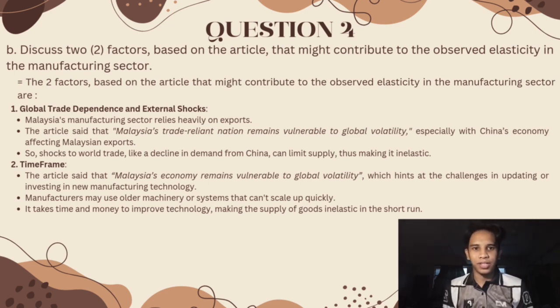To scale up quickly, it takes time and money to improve technology, making the supply of goods inelastic in the short run. That means we need to spend a lot of money to improve our technology such as machinery and systems to make our production scale up quickly. So that's why for the question, it said that our production increased by just 5%, even though our price increased by 12%, which means it is inelastic.